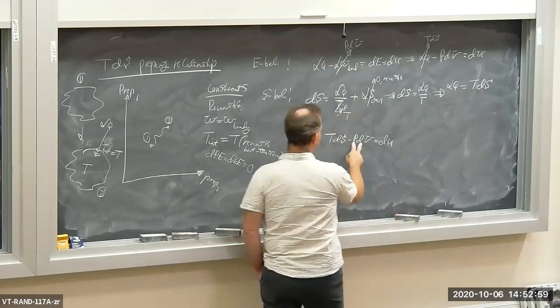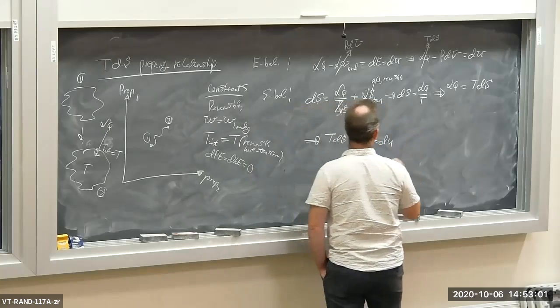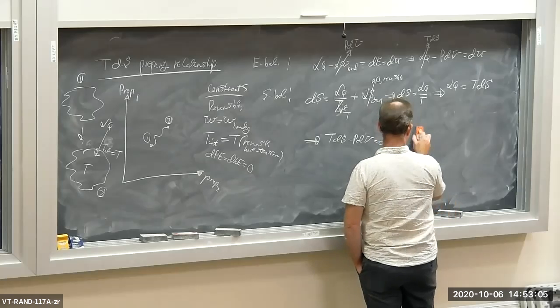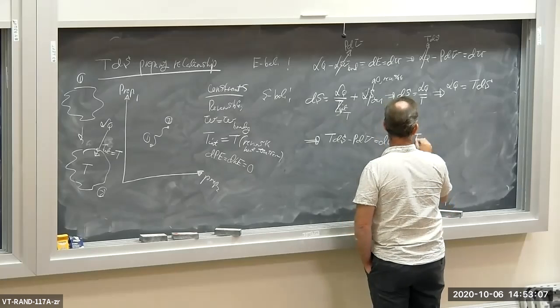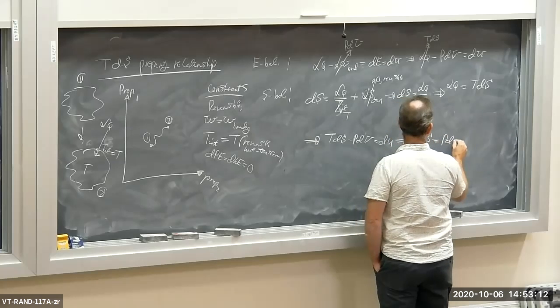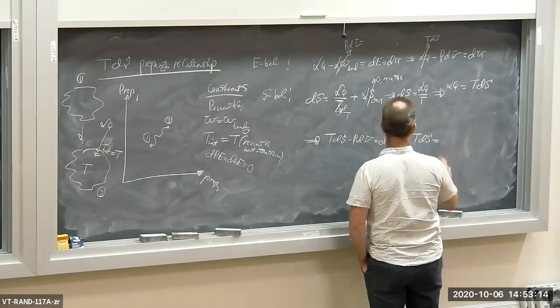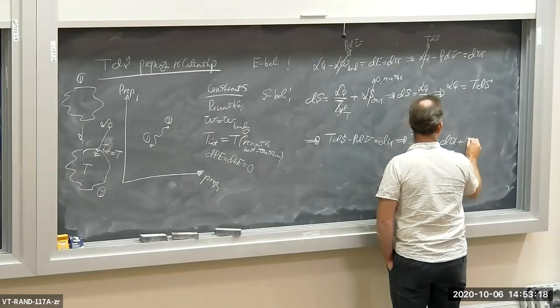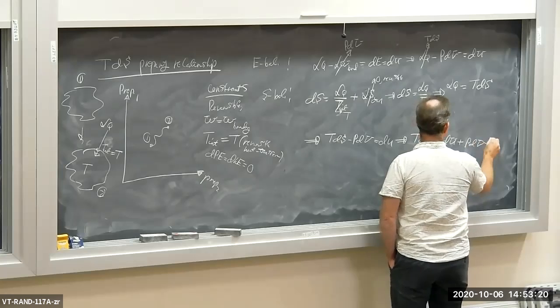Let's take the P dV and put it over on the other side of the equation. And I get T dS, temperature times the differential change in entropy, is equal to dU plus P dV.